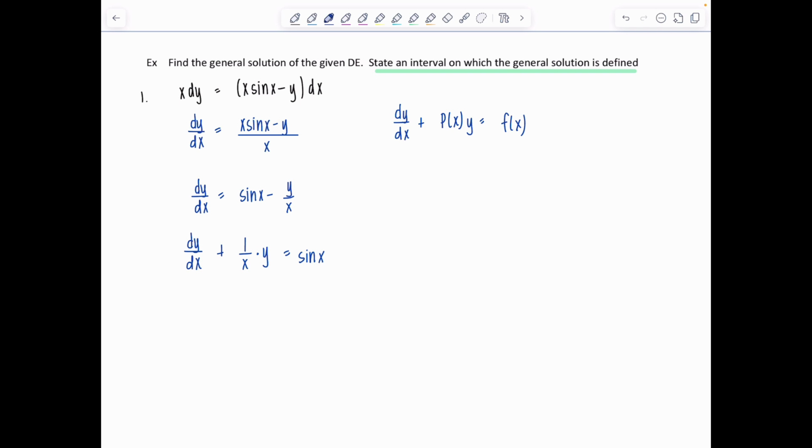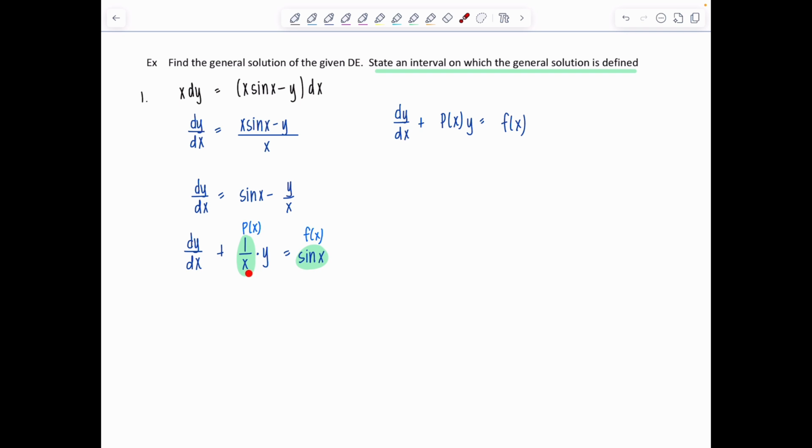Okay. From here, let's identify the interval on which the general solution is defined. So here is p of x. Here is f of x. I know I have a restriction here on p of x. X cannot be 0. I need to define an interval on which this solution will be well defined.